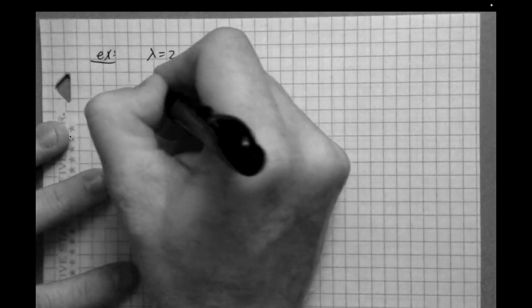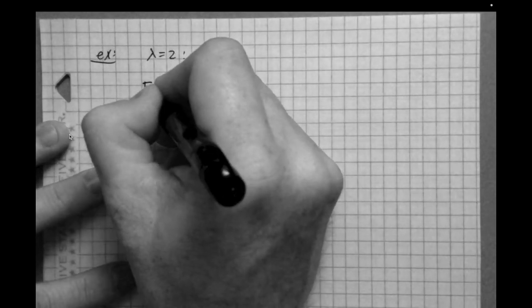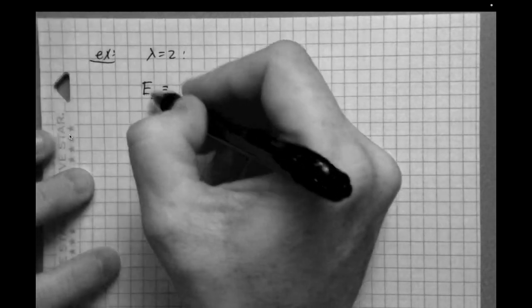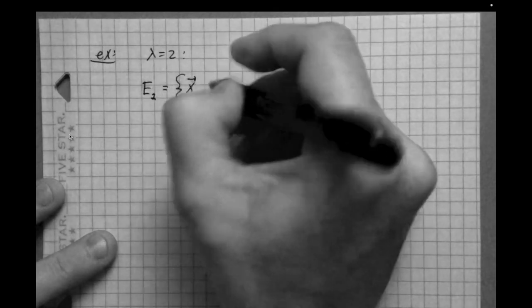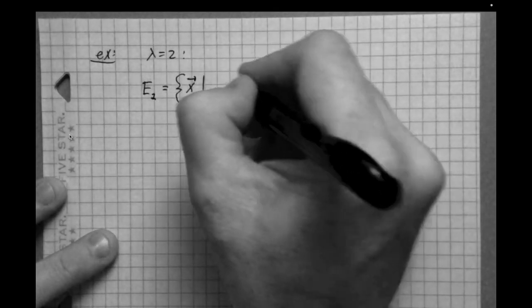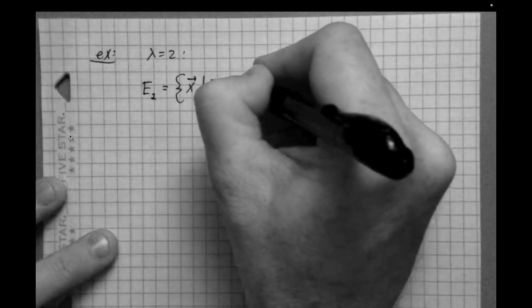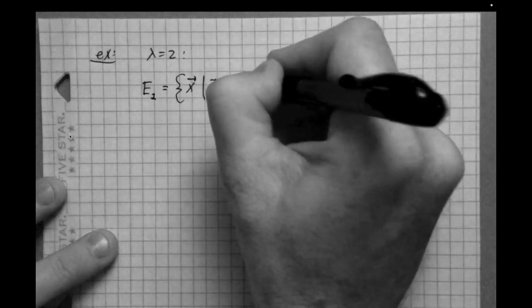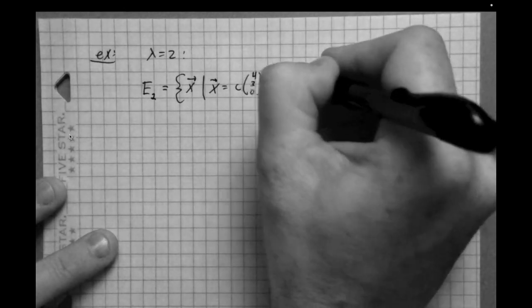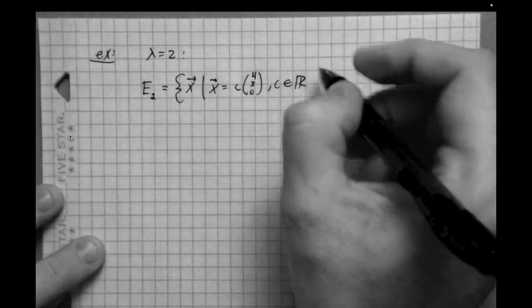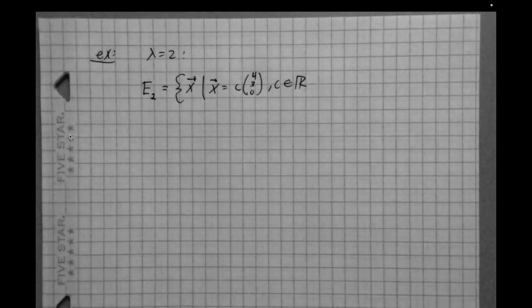So we could say that the eigenspace corresponding to lambda equals 2 is the set of all x such that x is equal to c times the representative vector we found, 430, where c is a real number. That's the eigenspace. Obviously 0 is fine, because c equal to 0 will produce that vector.